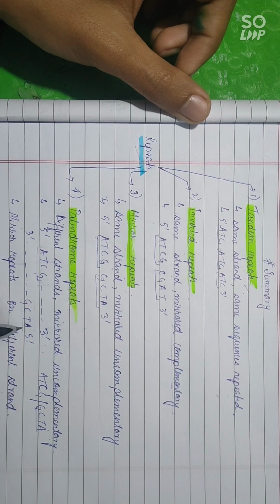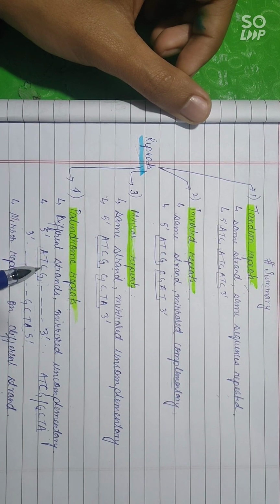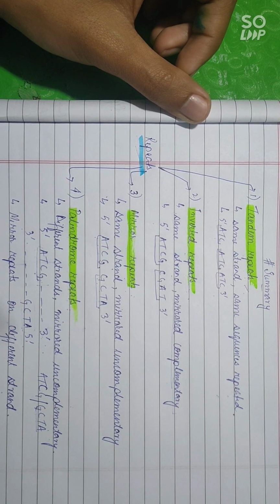Here GCTA is found on the lower strand and ATCG is found on the upper strand. We call it palindrome repeats. They are the mirror repeats found on different strands.